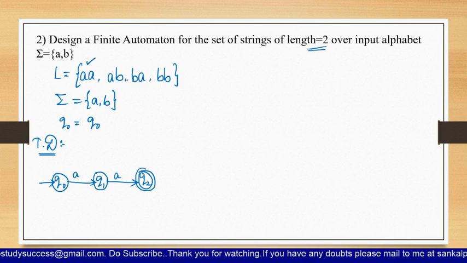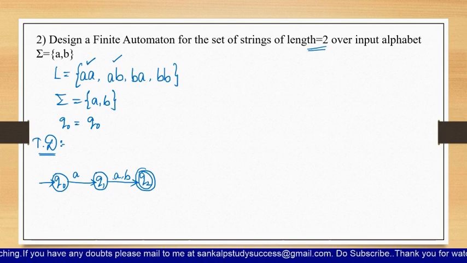Now AB. Here A is accepted. Then what about B? From Q1, if you apply B, it also moves to Q2. For one transition you have to consider only one input symbol. So AB is also accepted. What about BA?